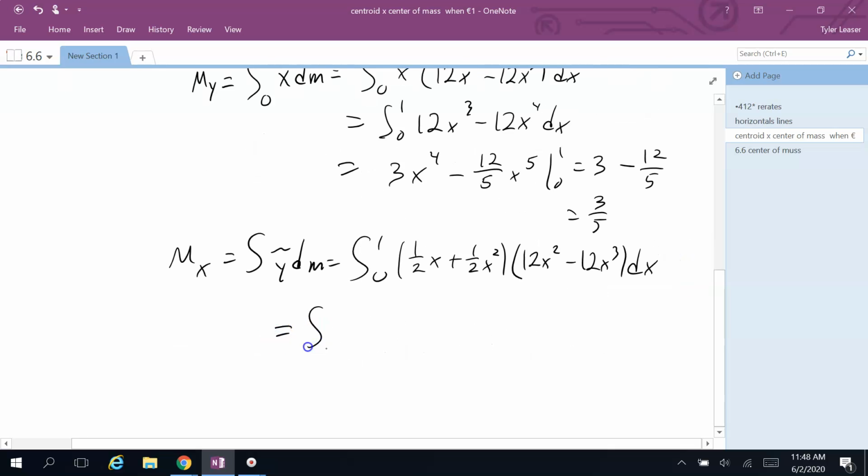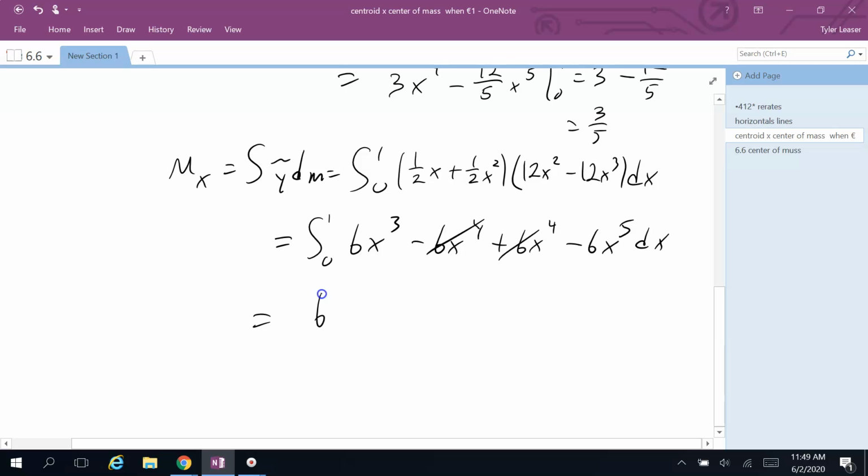We're going to have to FOIL these together. 1/2 x times 12x squared is 6x cubed. 1/2 x and negative 12x cubed is negative 6x to the 4th. 1/2 x squared and 12x squared is positive 6x to the 4th. Then 1/2 x squared and negative 12x cubed is negative 6x to the 5th. My 6x to the 4ths cancel out, so we end up with the integral from 0 to 1 of 6x cubed minus 6x to the 5th.